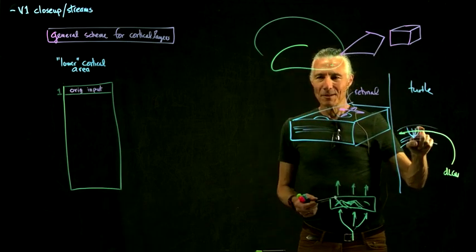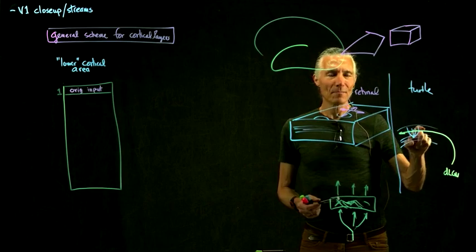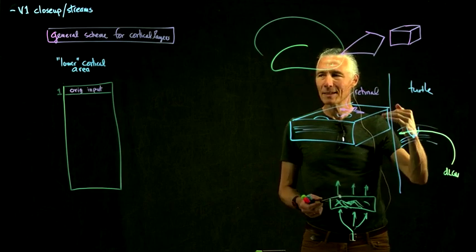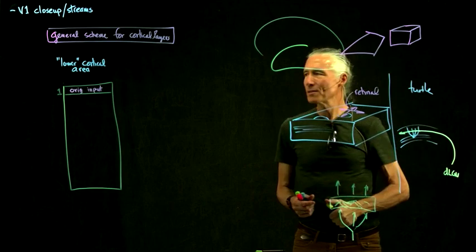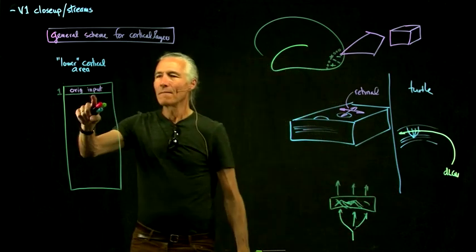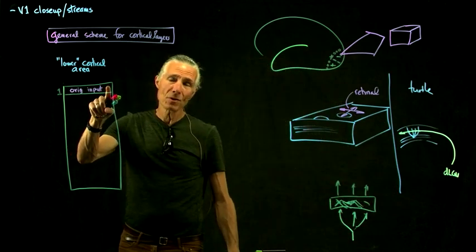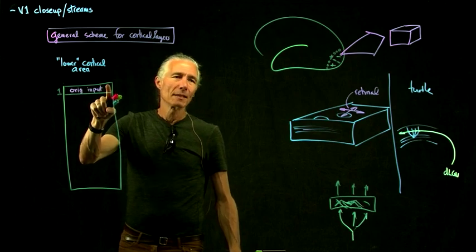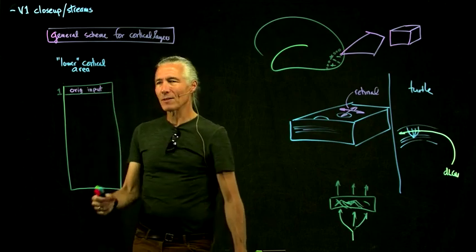That's the original layer 1, mostly dendrites with just some axons coming up and synapsing on cells. That still happens. There's still input that goes to layer 1 from the geniculate, and a lot of dendrites up there. So that's the original input layer.